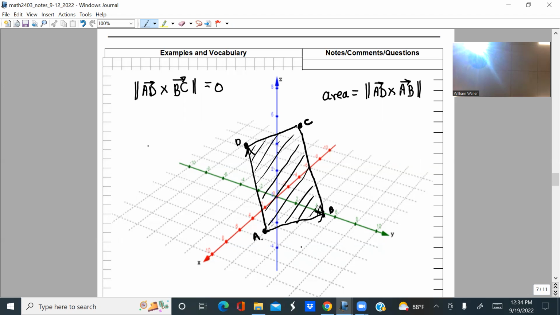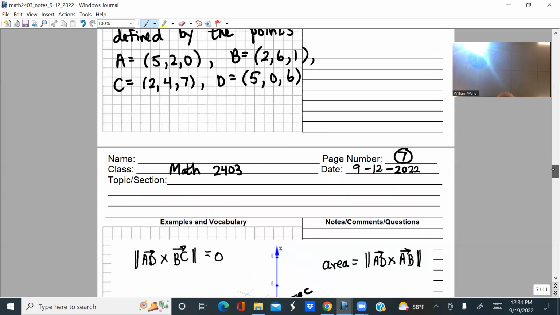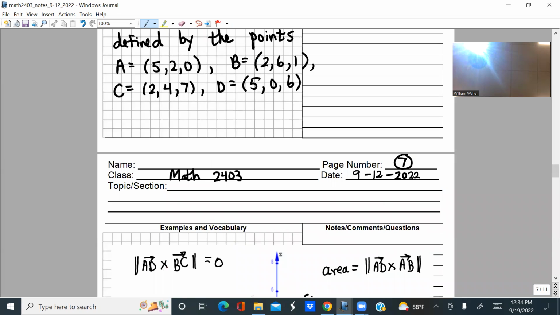Okay. Instead, we want this magnitude. Let's see if we can do that. So what is this vector from A to D, if we write that in standard form?